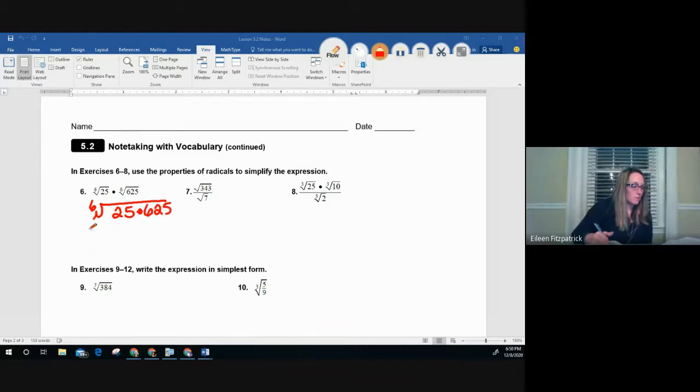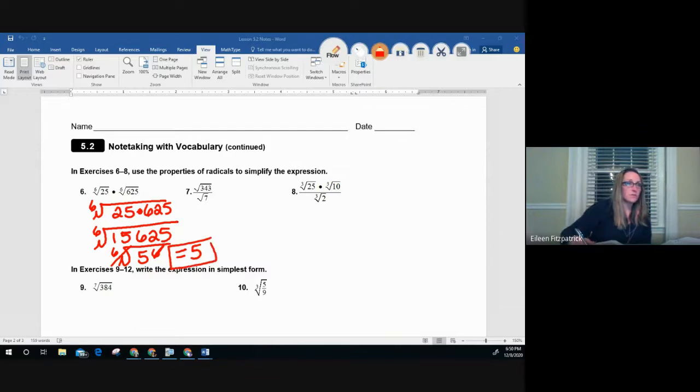Well, 25 times 625, I would need to use a calculator or write it all out. I get 15,625, which is actually 5 to the 6. So the 6th root cancels with the exponent 6, leaving you with just a 5.